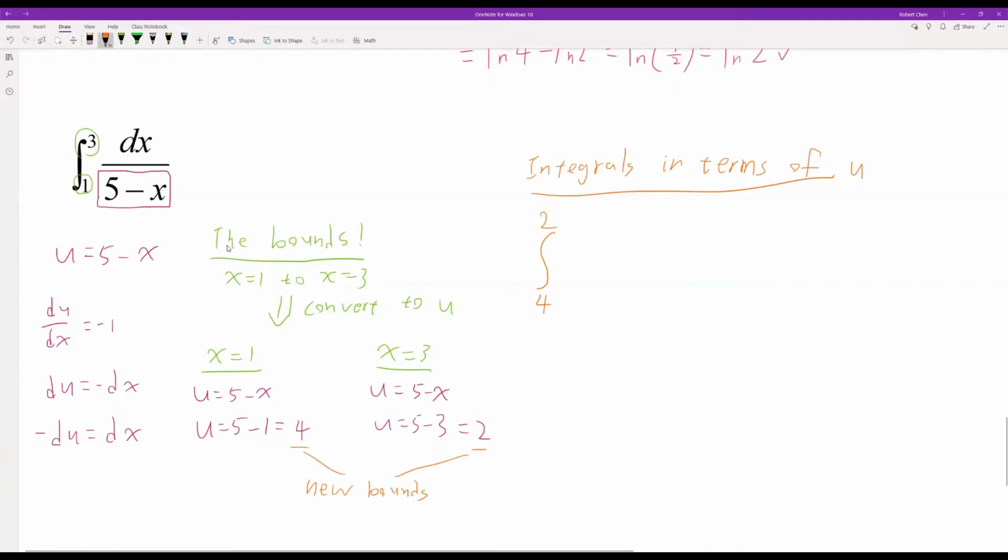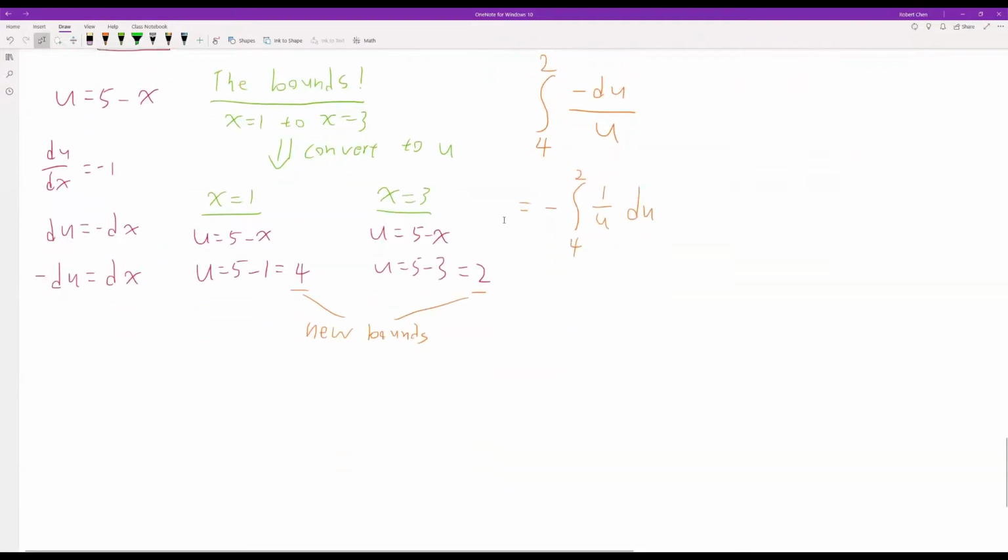All right, and let's go ahead and continue the rest. So dx is now negative du, and 5 minus x is now just u. So we're looking at negative integral from 4 to 2 of 1 over u du, like that.